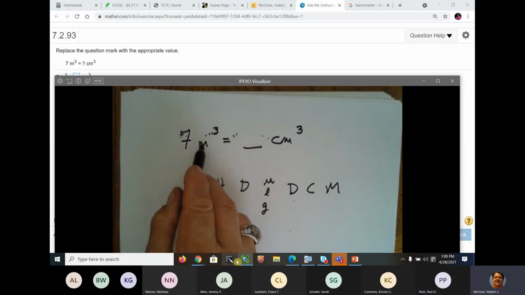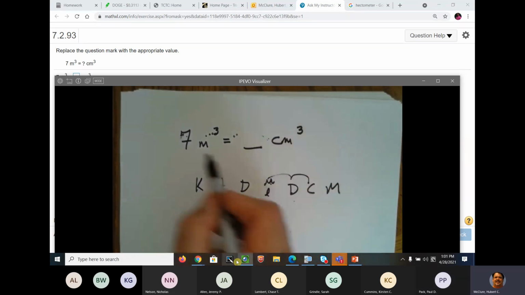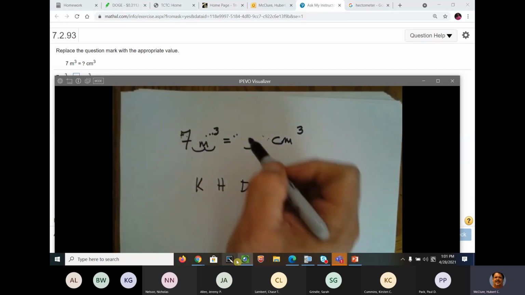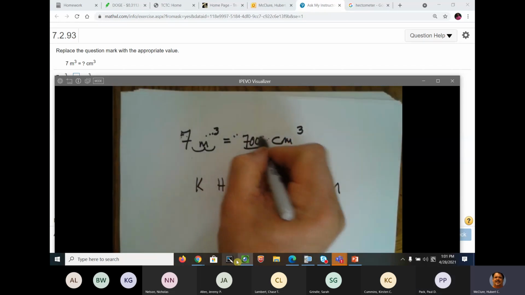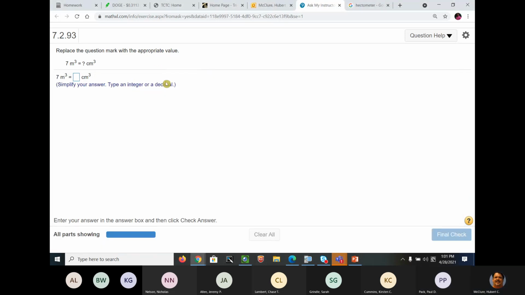And I'm going to go from meters to centimeters. 1, 2. And you're going to say 700. And you're going to go up here and type in 700.